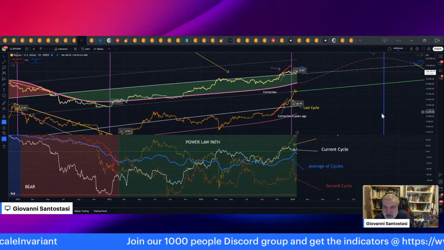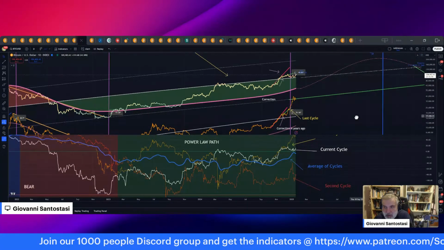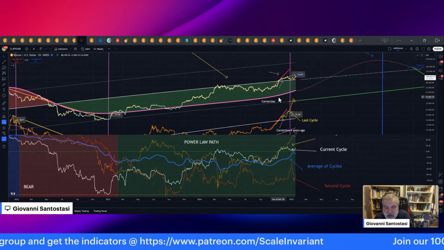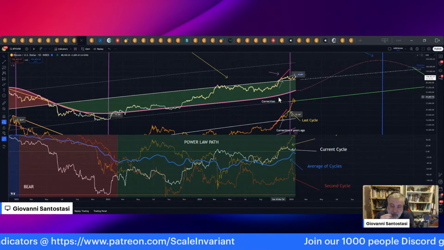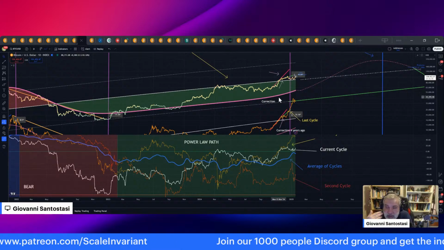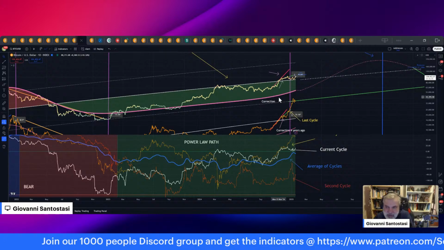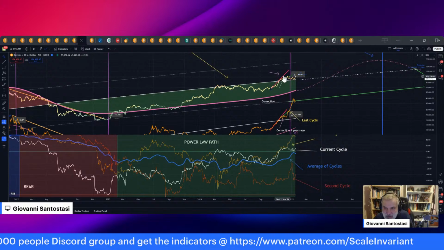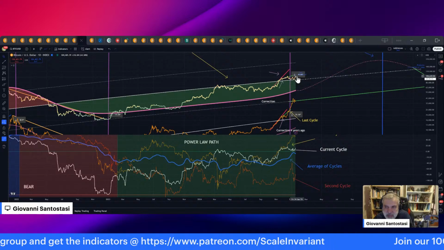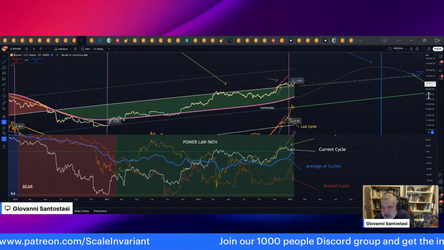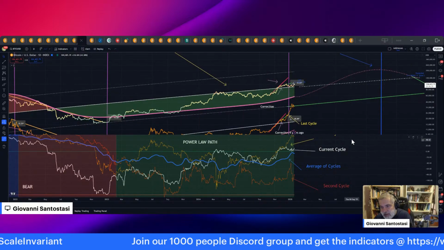It took COVID, right, to do that. We didn't have a COVID kind of event that brought us back to the power law support. So we are already kind of there, in a semi-bullish behavior. So it's taking its time, right? If we really want to, we are supposed to go there, and everything is repeating itself.